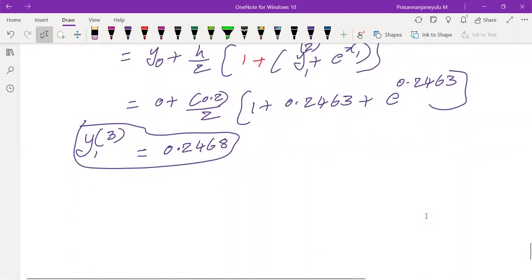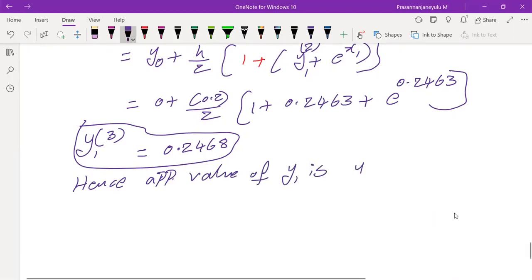So only the fourth decimal place is different. Hence I'm assuming the approximate value of y1 is, this value I'm going to finalize as y1.